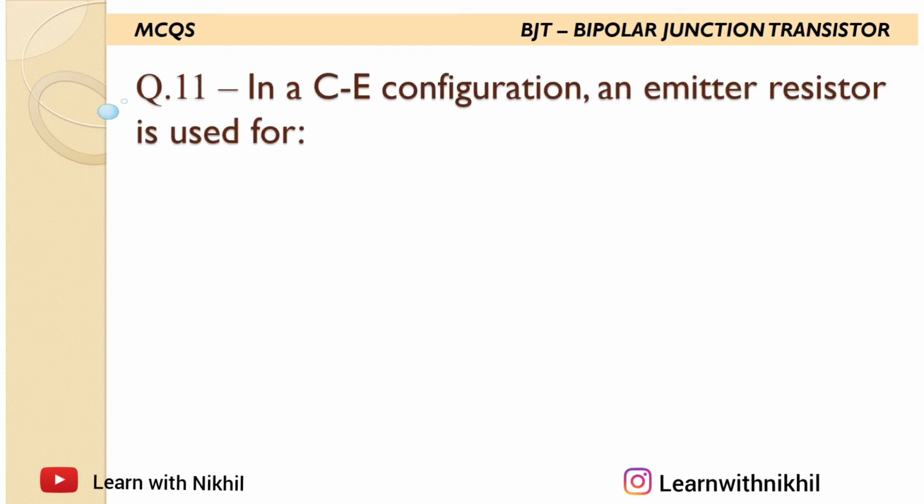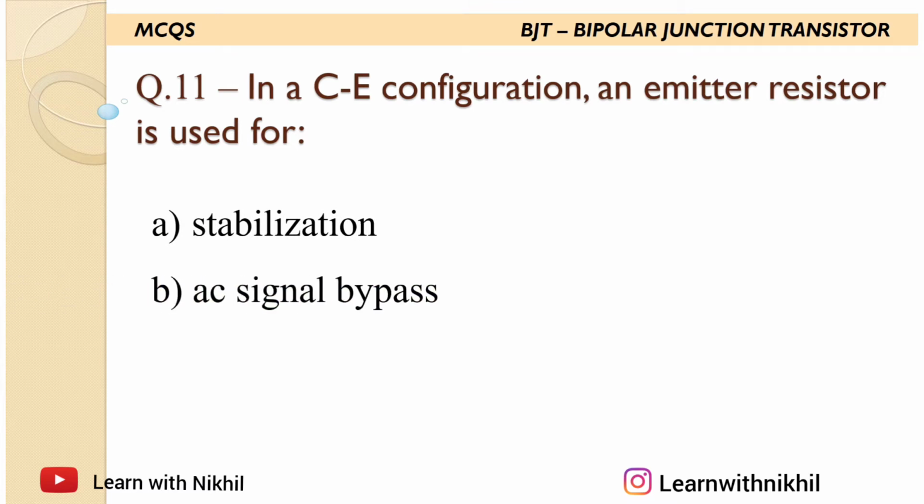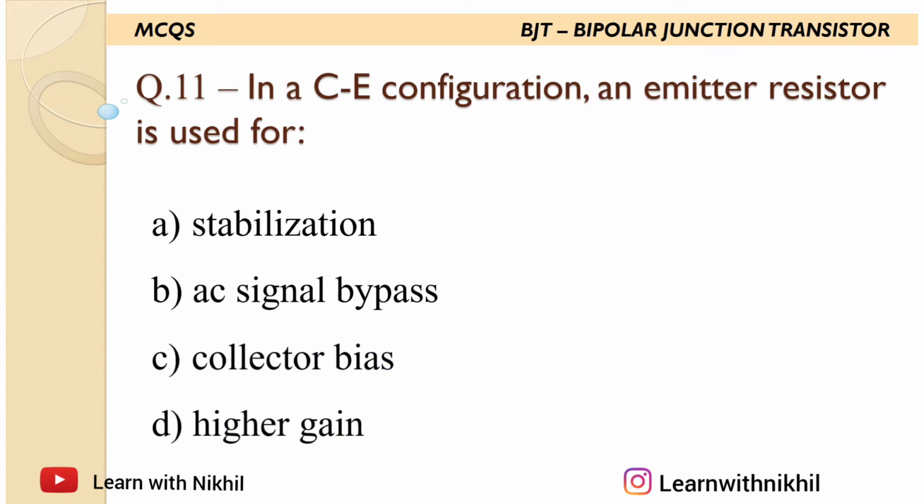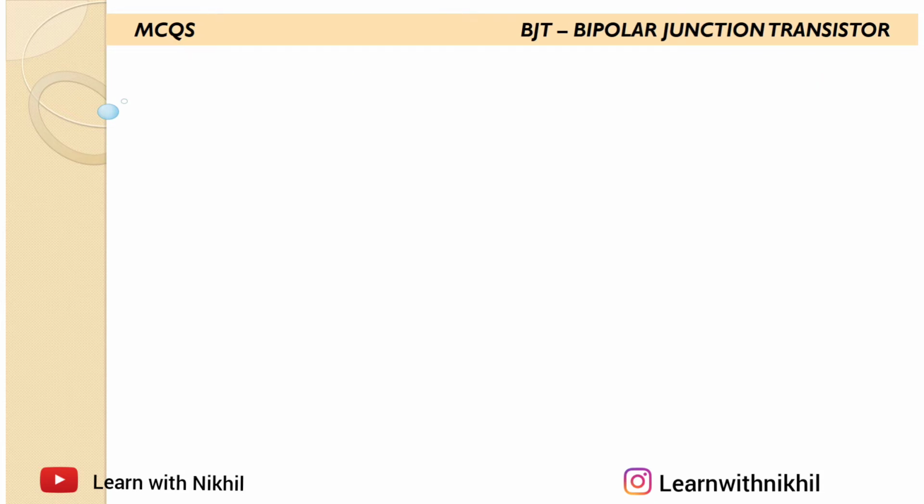Next, in a common emitter configuration, an emitter resistance is used for A, stabilization; B, AC signal bypass; C, collector bias; or D, higher gain? And the answer is stabilization. Next question.